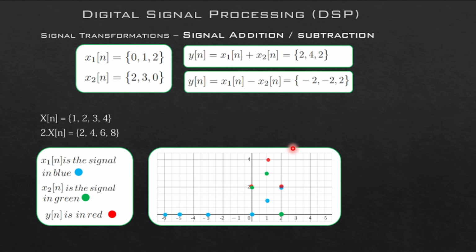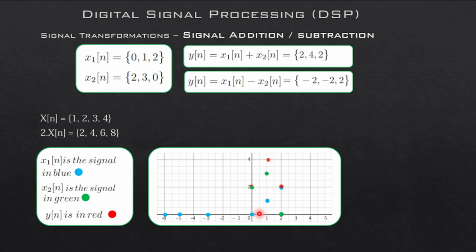So the red signal is the result of the addition of the two signals. By the way, I don't think they have the same values as here. The addition example is 0, 1, 2 and 2, 3, 0.